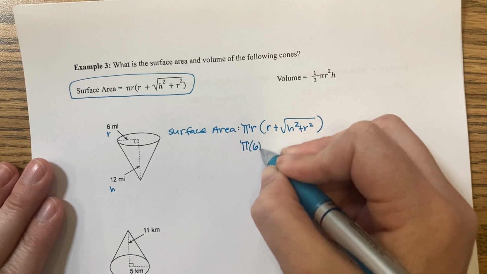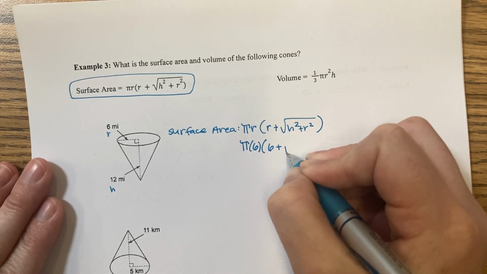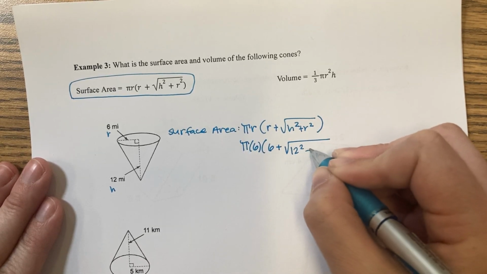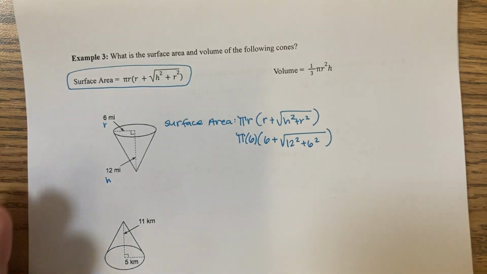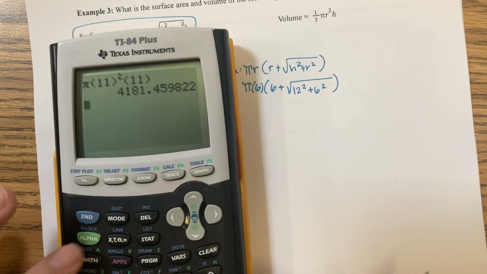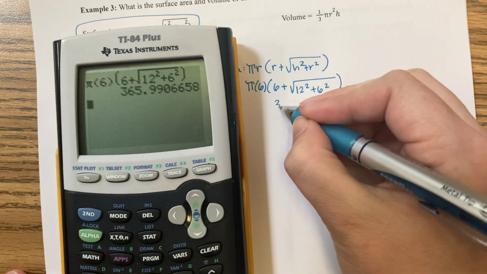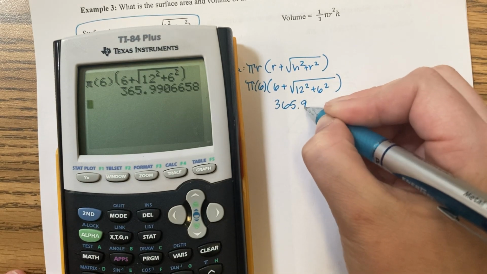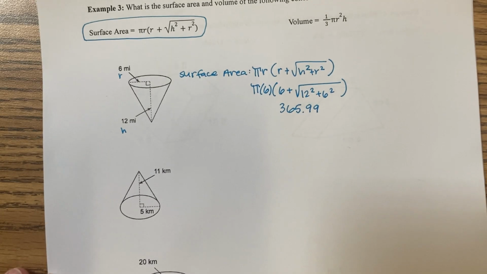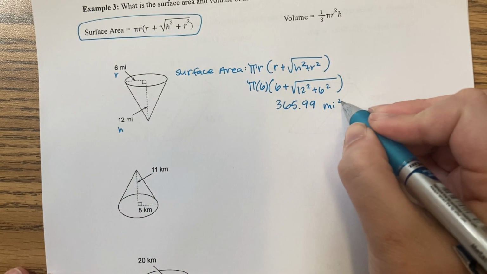Pi times 6 plus the square root of 12 squared plus 6 squared. And area is squared.